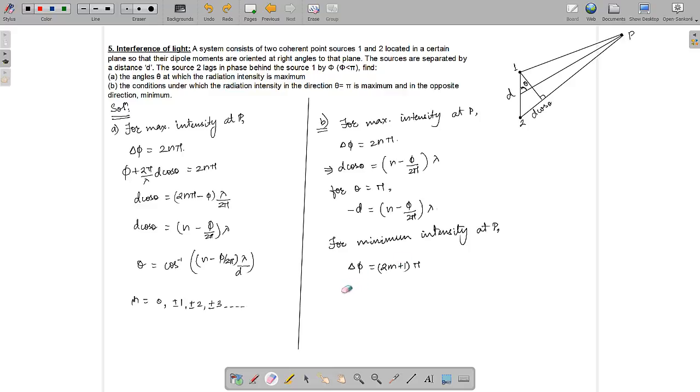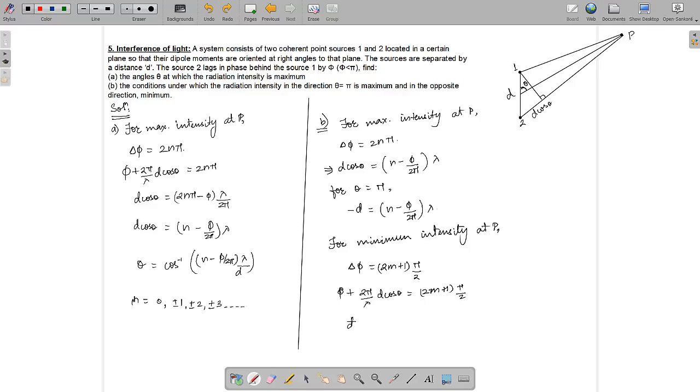So we can use this to calculate again similarly from here. That is, phi plus 2 pi by lambda into d cos theta should be equal to 2m plus 1 into pi by 2.